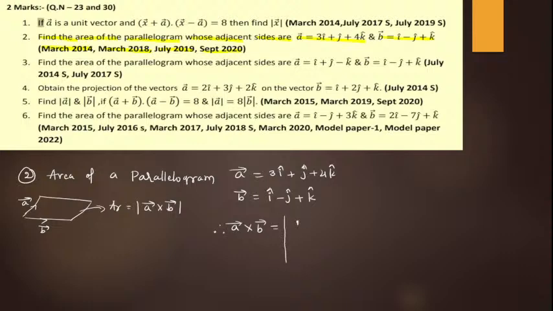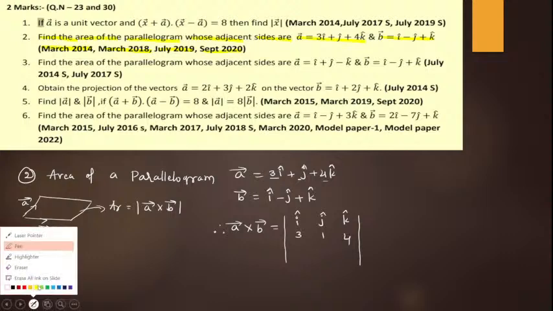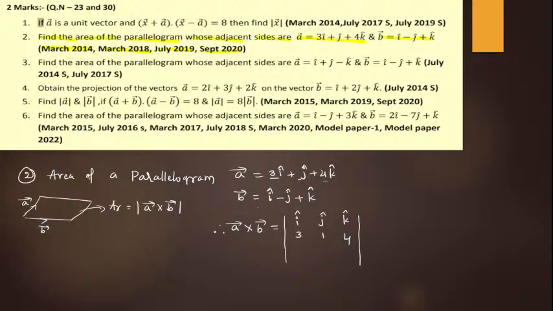Already we know this. So i cap, j cap, k cap, determinant. So here a vector ijk components are given, that is 3, 1, 4. And the next b vector ijk components we have to write. So here i component is 1, then -1, and +1. So 1, -1 and +1.